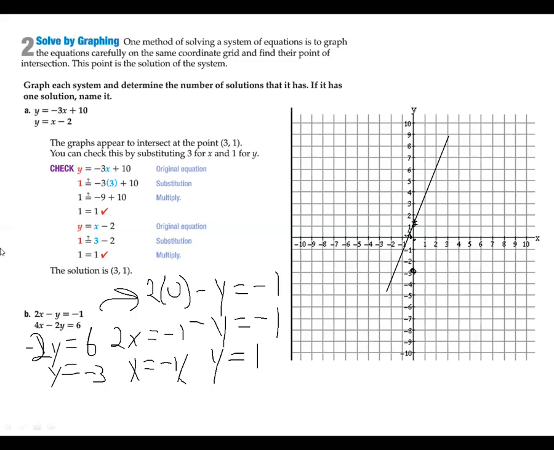And then if I plug in 0 for y and solve for x, I get the x-intercept, so you'd end up with 4x equals 6, so x equals 6/4, which is 3/2, which is 1.5, which is over here. So get your line, draw it accurately right there.